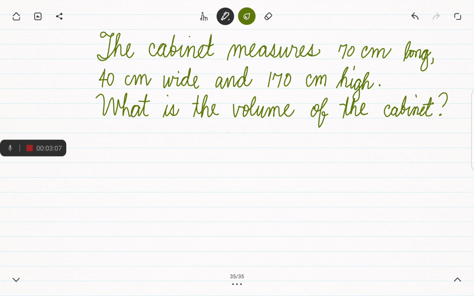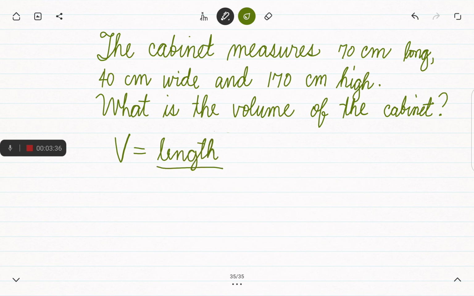So you're given the formula that volume is equal to length times the width times the height. Allow me to do that again. Volume is equal to the length.